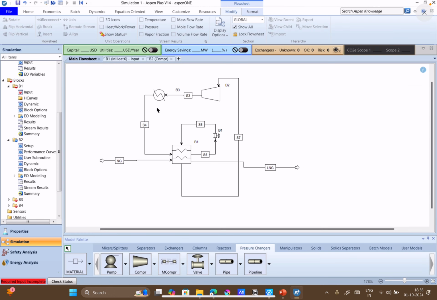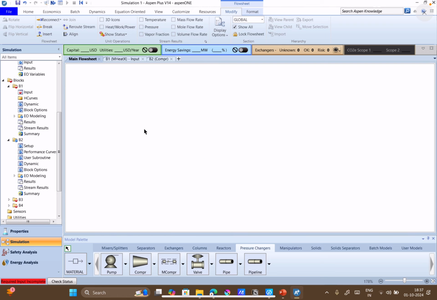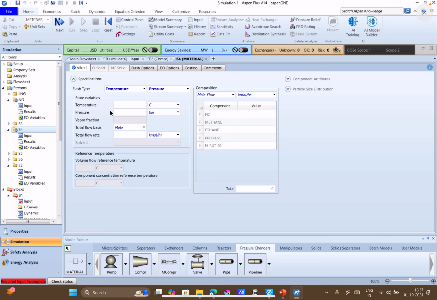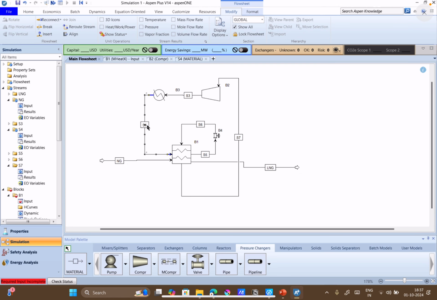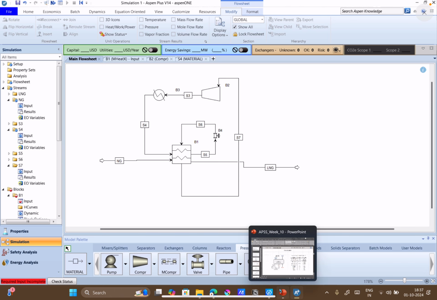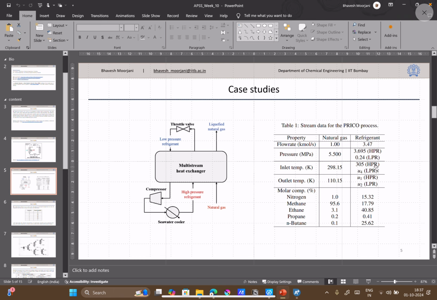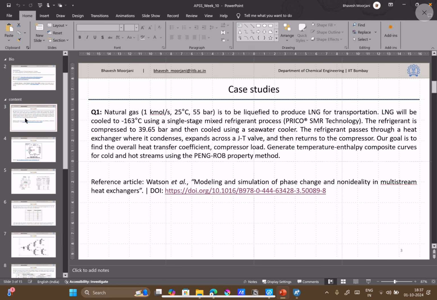So S4 will be our best guess, since in S4 what other information will we need apart from flow rate and composition? We will need the temperature and pressure value, right? The pressure value can be said, since it's a high pressure refrigerant, the same pressure will come here. And the temperature value is also provided: the inlet temperature is 305 Kelvin. In here also, the refrigerant is compressed at 36.65 bar and then cooled using a seawater cooler, passes through a heat exchanger where it condenses, and expands across a Joule-Thomson valve. So that is the best guess that we can provide here.